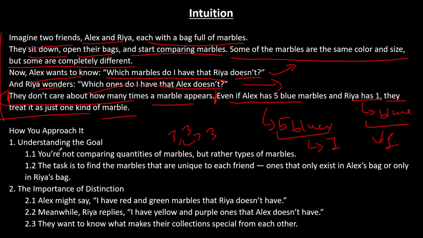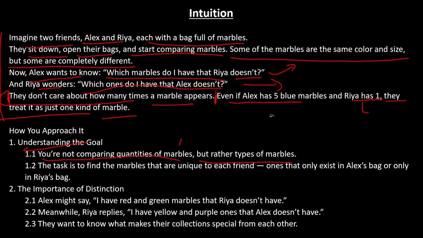Now, what is our approach and what is our goal? The goal is that we are not comparing quantities of marbles, but rather types of marbles. Keep this in mind. As explained in the example and in the intuition scenario, we are not checking how many times 3 is appearing.